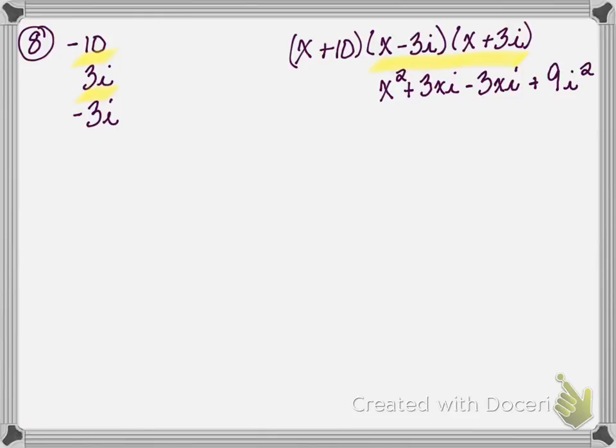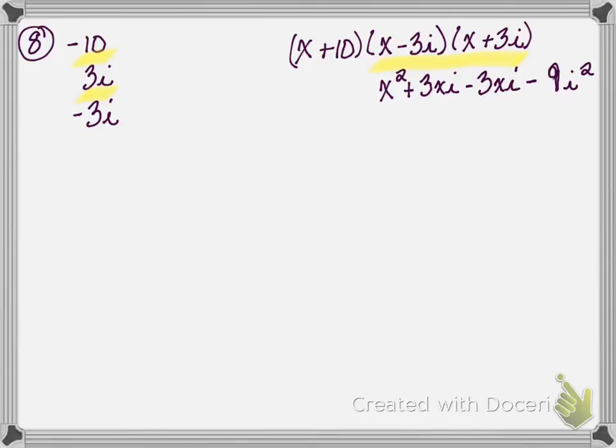Then I'm going to multiply negative 3i times positive 3i, and that's going to give me positive 9i squared. Actually I made a mistake right there, so I need to fix my mistake. It gives me negative 3 times positive 3, that gives me negative 9i squared. So we are going to fix that mistake right there. Some of you may know why I made a mistake there.